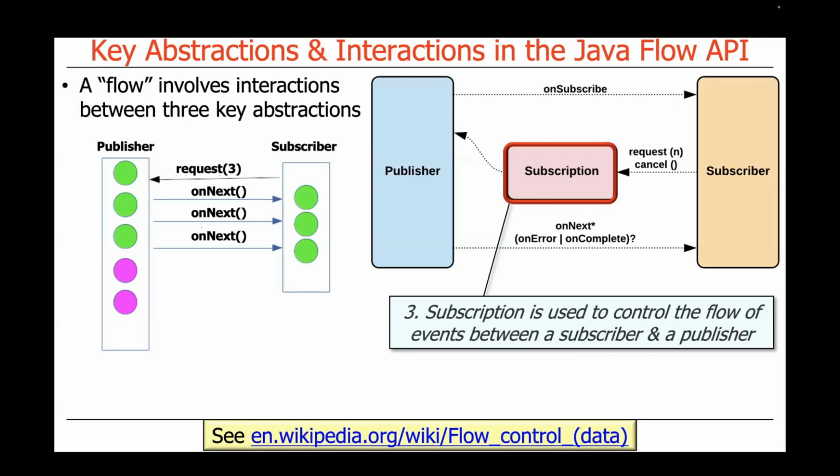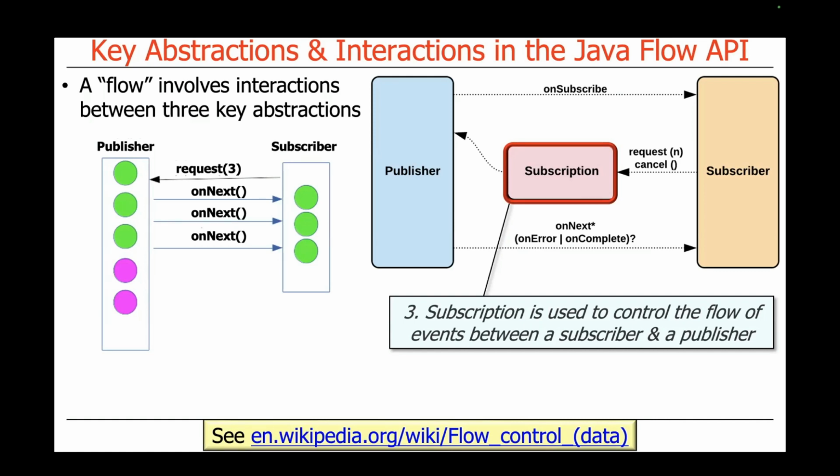The subscription is used to control the flow of events between a subscriber and a publisher. And as you can see here, the way this works, and we'll see this in more detail in a second, when the subscriber subscribes with a publisher, the publisher calls its onSubscribe hook method back, and that will pass a subscription, and the subscriber can use that subscription to indicate how many events it wants to receive before the publisher needs to wait until the subscriber tells it to send the next chunk of events, next tranche of events, or group of events, whatever you want to call it.